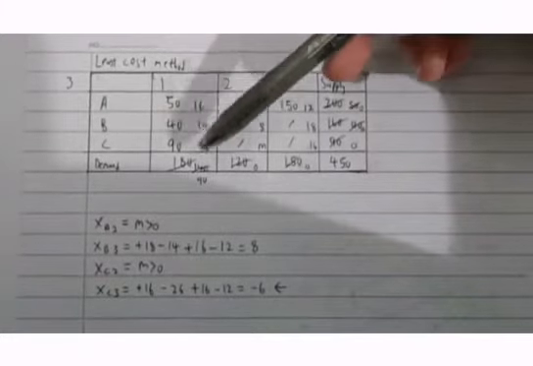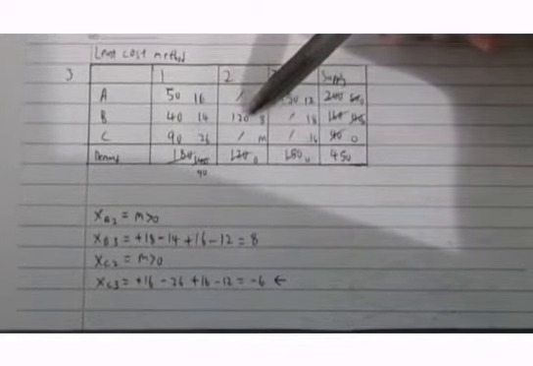And for question 3, I use the least cost method to find the solution. So for the least cost method, we need to find the least one from this table, and we get 8 is the least one.